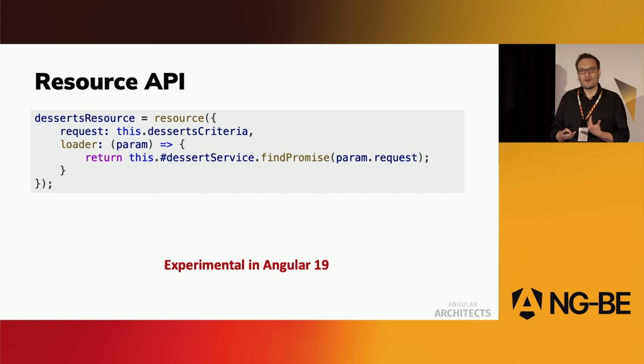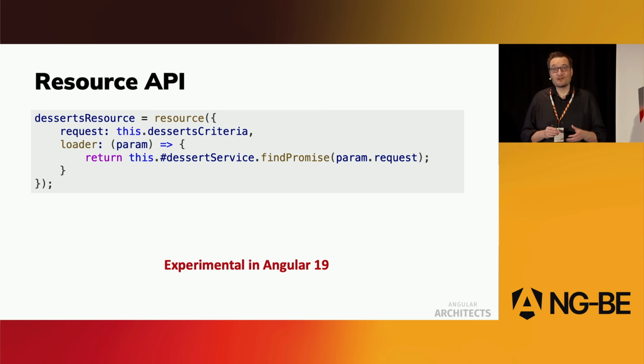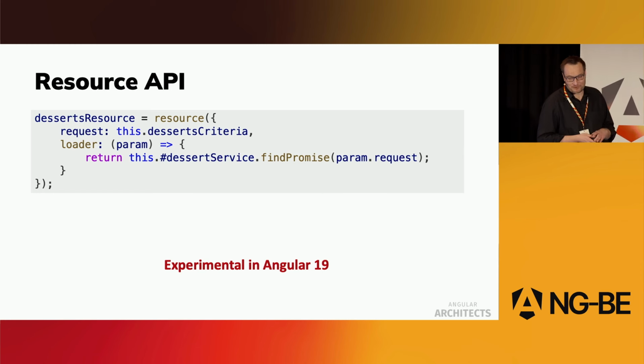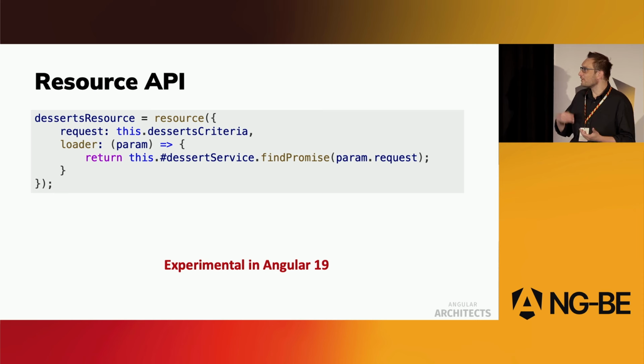We just return a promise. No observable, just a promise. It's really a very, very simple solution here. Saying this, there is also a so-called Rx resource that is doing the same with observables. The loader here gets this parameter object. Parameter has .request, and this contains all the values from our request signal.